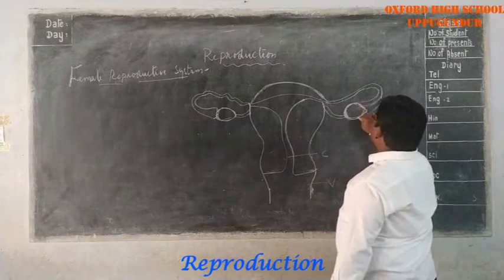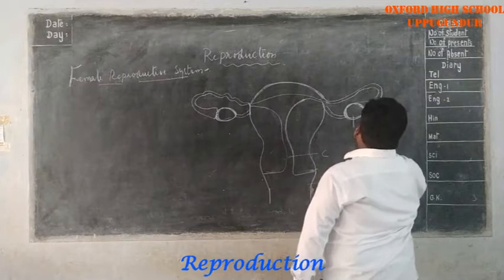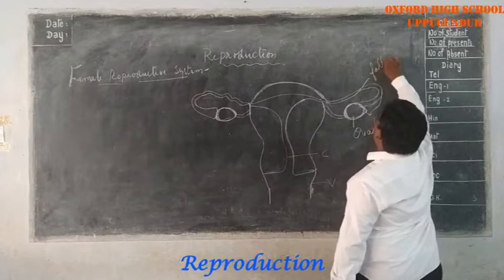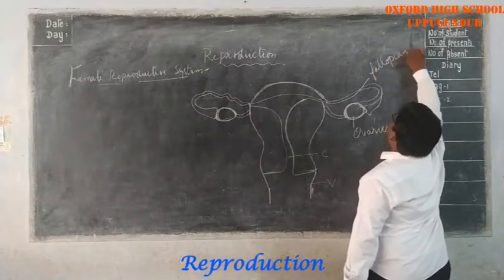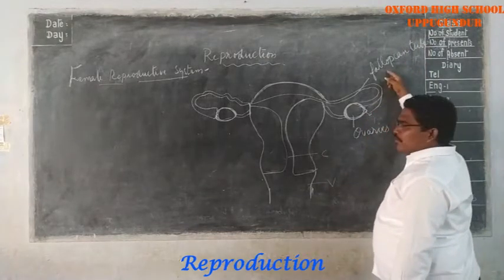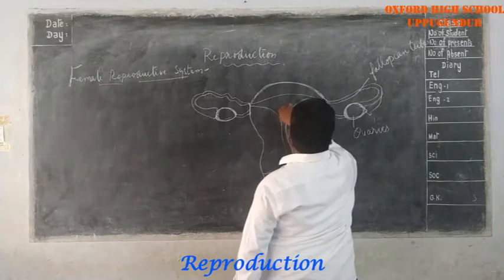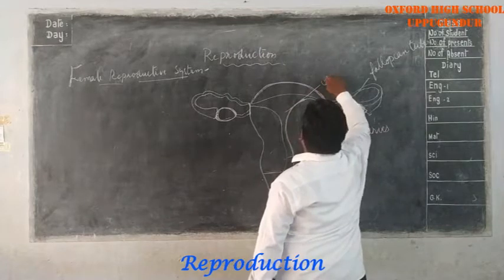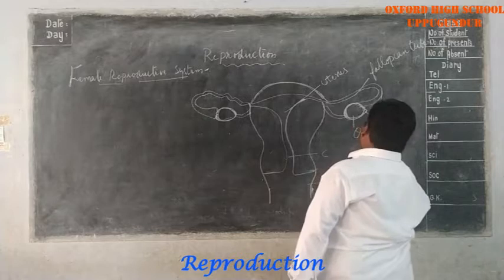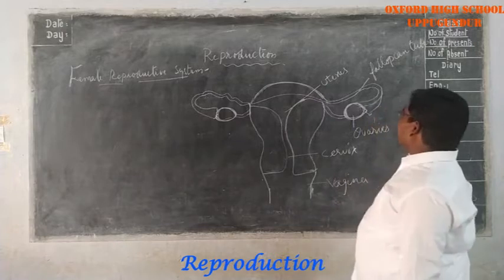Then a pair of fallopian tubes, and the uterus. The fourth one is the vagina. This part is the cervix. These are the important parts.